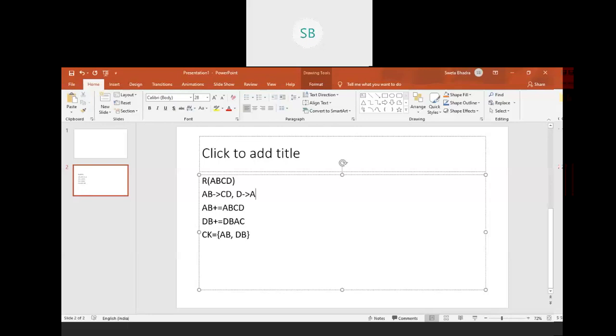Okay. Now, if you have understood the candidate key portion, can you tell me what will be the prime attributes? Avinash, can you tell me? Prashant?